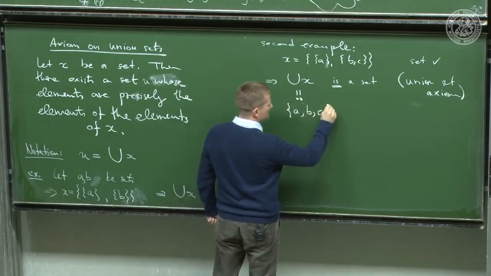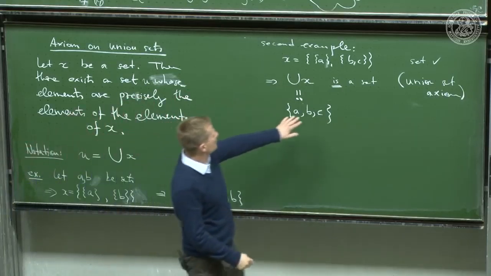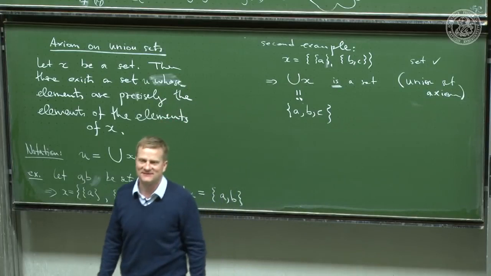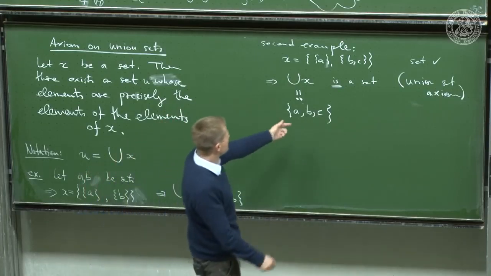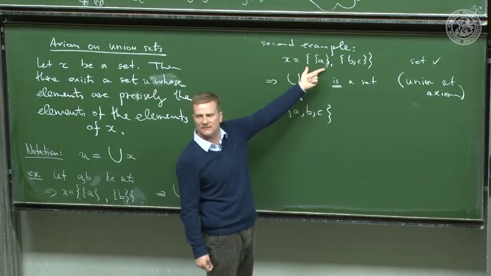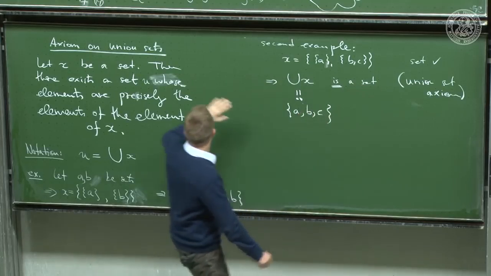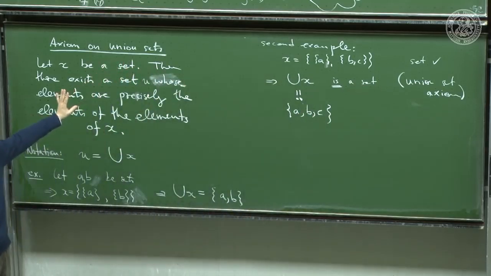A, B, C, the three-element set, I define in this fashion from two-element sets. Okay? So how do I know? This is just a symbol. Again, this is just a notation for this thing if X is given like this. But that I know that the object is a set, that I know from here. Okay?